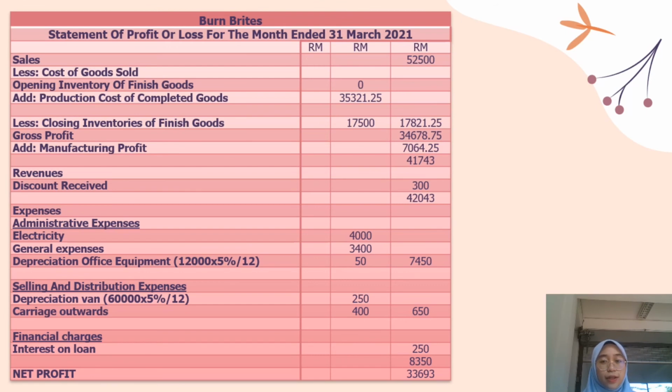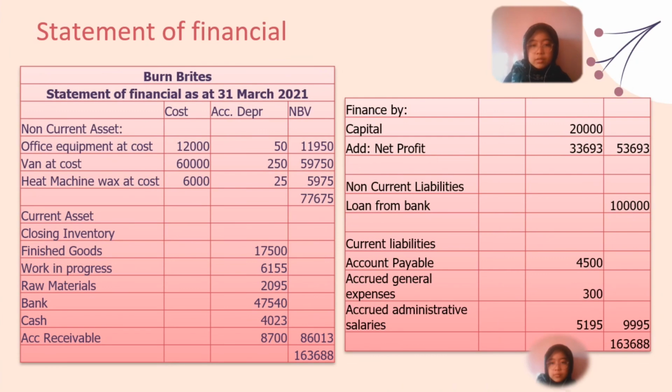This is our statement of financial position as at 31st March 2021. After totaling up the non-current assets, we get 77,675, and all the current assets are 86,013. Total up both amounts for non-current assets and current assets, we get 163,688.